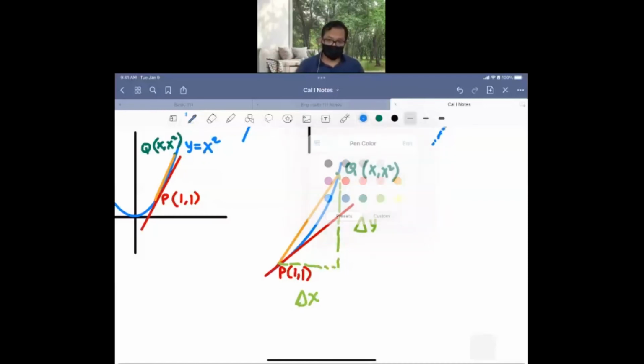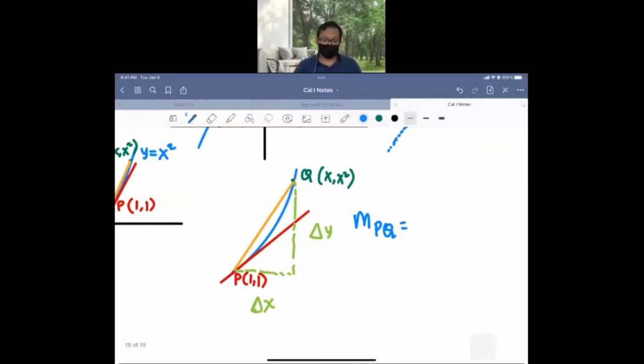So we can write down m_PQ: delta y is x squared minus 1, over delta x, which is x minus 1.